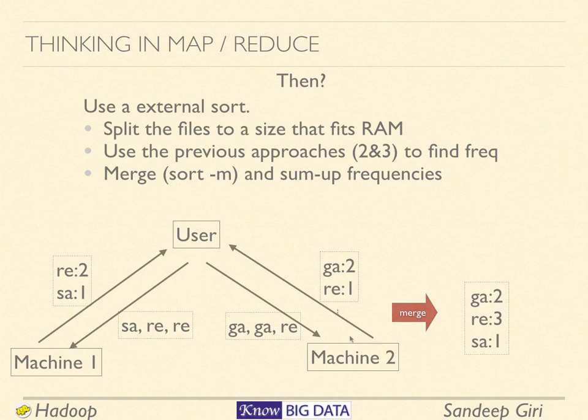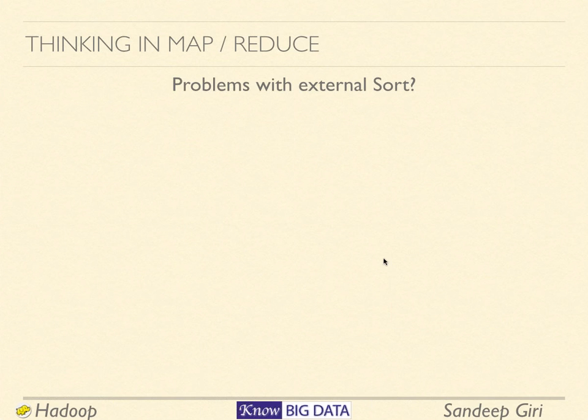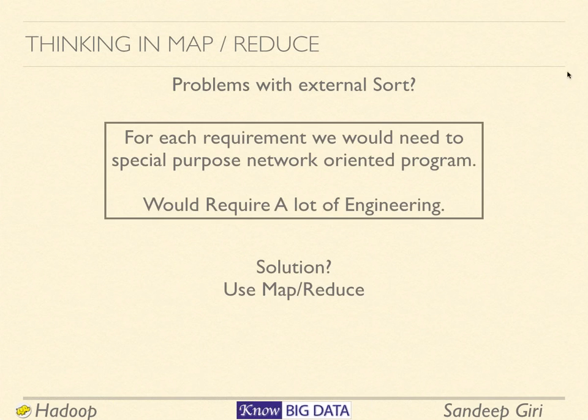That was the previous approach we discussed. Here we are just taking the first n lines and giving them to machine 1, the next n lines to machine 2, and so on. Great. So the problem here is that doing such a job would require a lot of engineering.